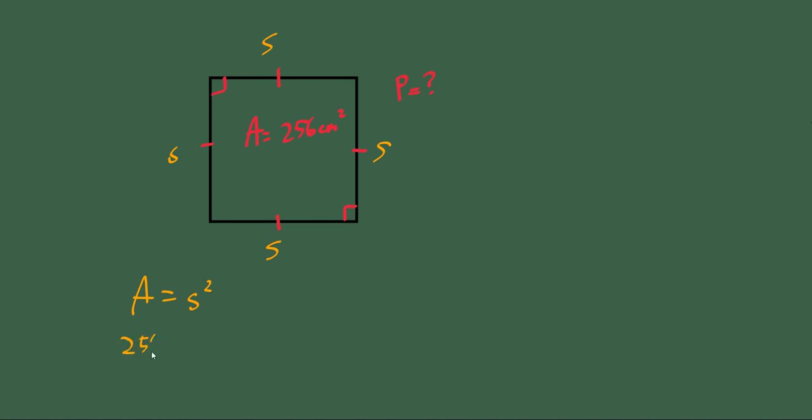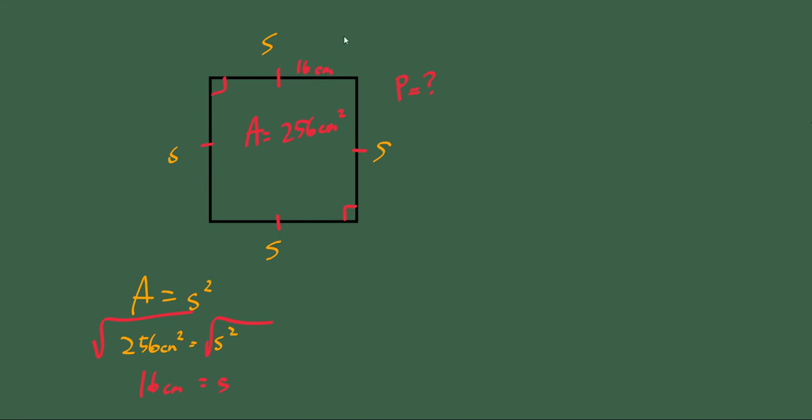So if we have 256 square centimeters is equal to s squared, I want to take the root of each side so that I can get just one side. And if I take the root of 256, that is 16 centimeters. So each of these sides is 16, 16, 16, and 16 centimeters.